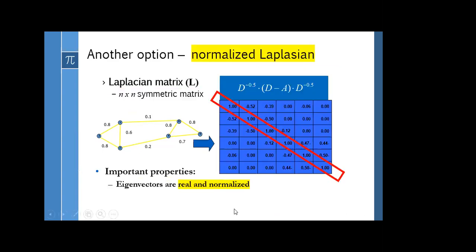Okay, Fan Chung. She coined the normalized Laplace operator. My initial Laplace operator is D minus A, and she proposed to multiply it from the left and from the right by diagonal matrices, with 1 over the square root of the degrees, the sums, on the major diagonal.